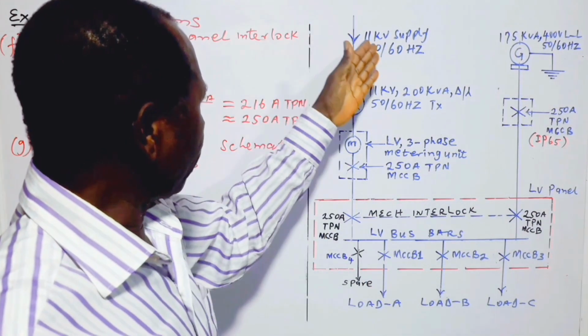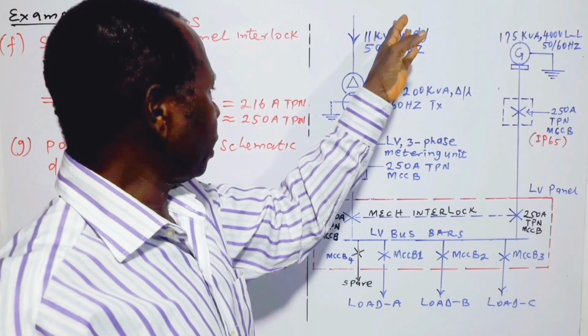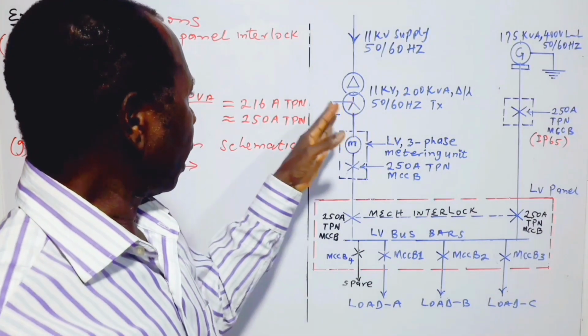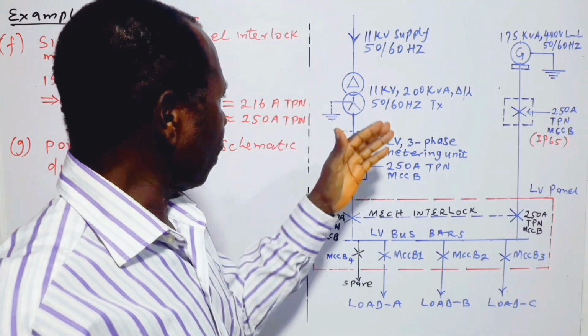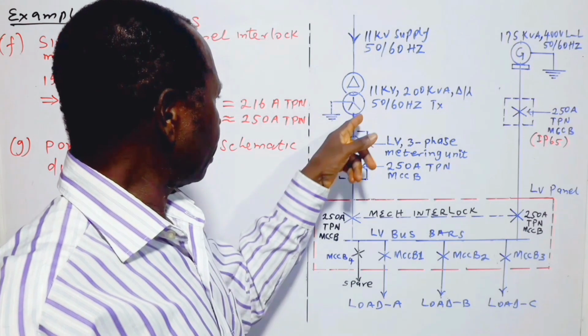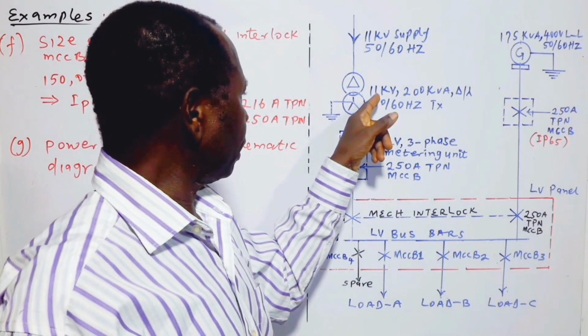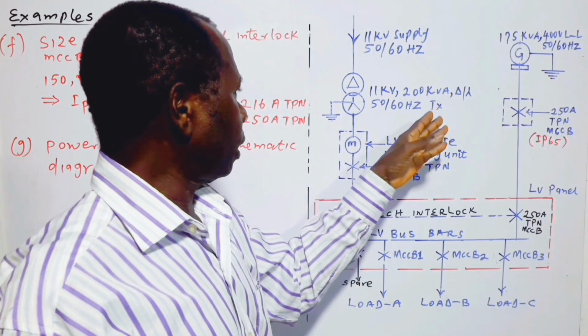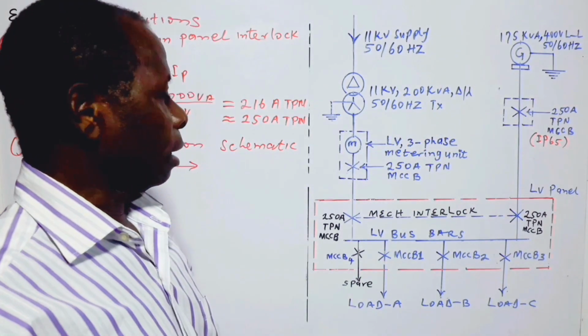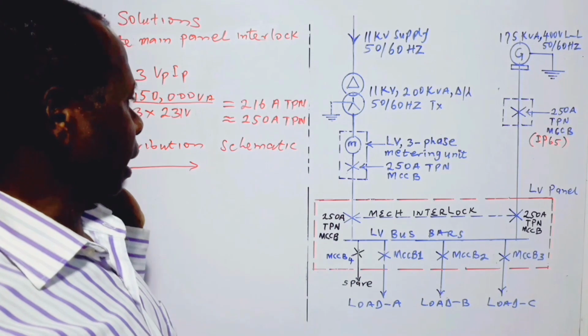From here we have the available voltage supply as 11 kV. Alright, and the transformer we are having is to be connected in delta star. So we have an 11 kV, 200 kVA, delta star transformer as calculated earlier.